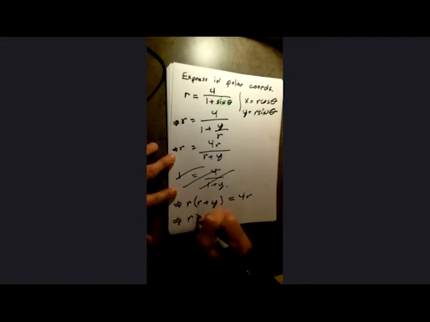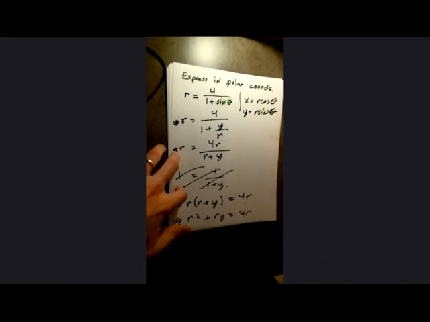So we have r squared plus ry, I'm solving it differently than I did in my notes, equals 4r.